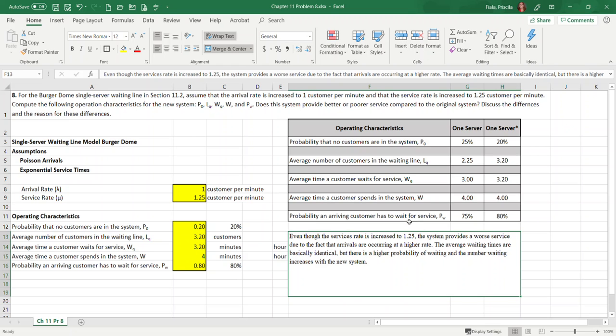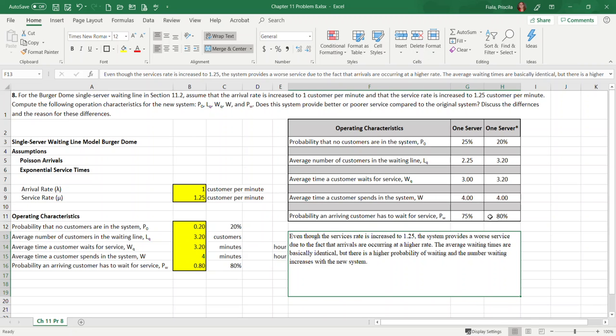So that means even if you increase, bringing in more customers and servicing more customers, you're not necessarily able to service them correctly and properly. So when you do your case for week 4, which is due at the end of week 6, try to think like that. Some of those numbers might lower, but that does not necessarily mean it's a good thing in the end. Did the probability of an arriving customer or a car having to wait for service increase?